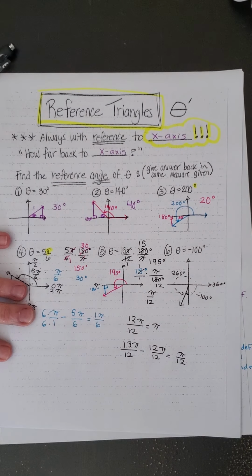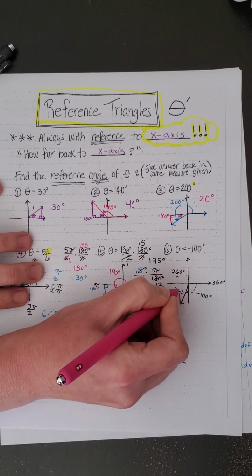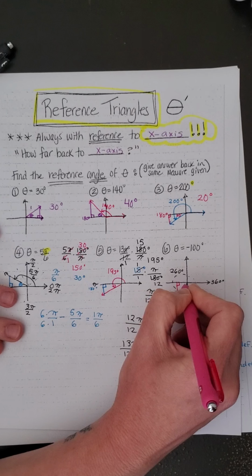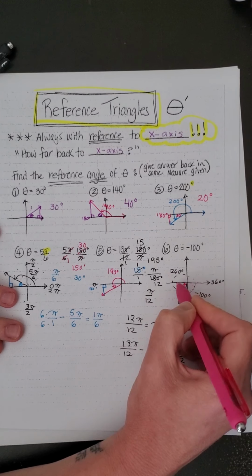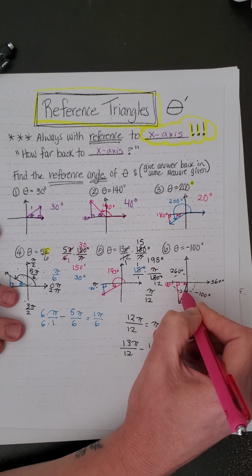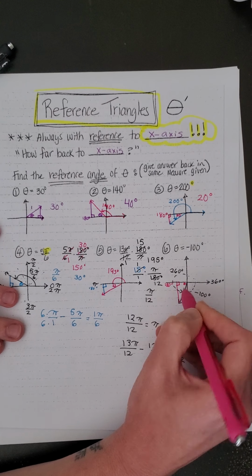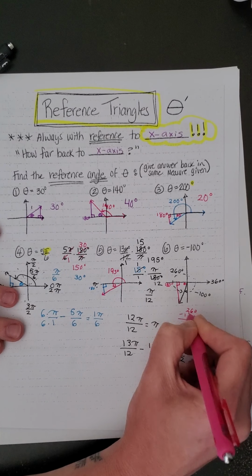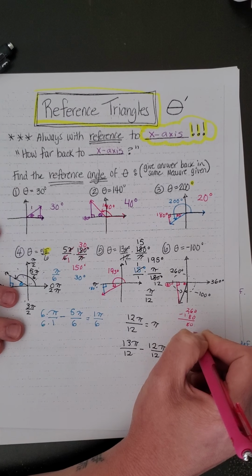All right, when I draw in my reference triangle, remember I always go back to the x-axis. So here's my angle theta, and if this is on 180 degrees and I am at 260, how many degrees past 180 am I? So 260 minus 180 is 80 degrees.